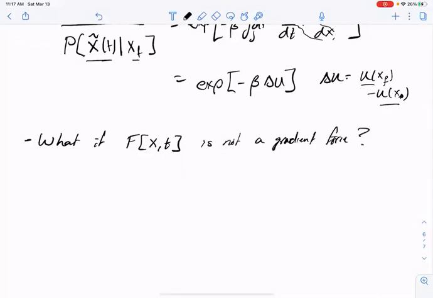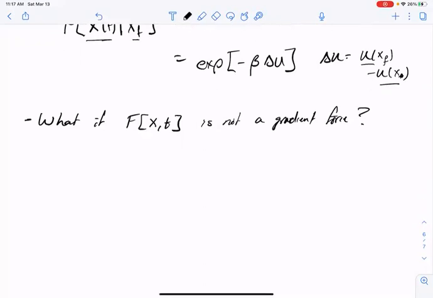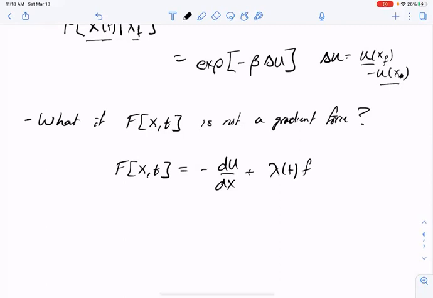Maybe it's some time-dependent external force that I'm manipulating the system with. So let's write f of x and t as a piece which is gradient, the derivative of some potential, plus some piece that is explicitly time-dependent. Some time-dependent protocol that I'm acting on the system.